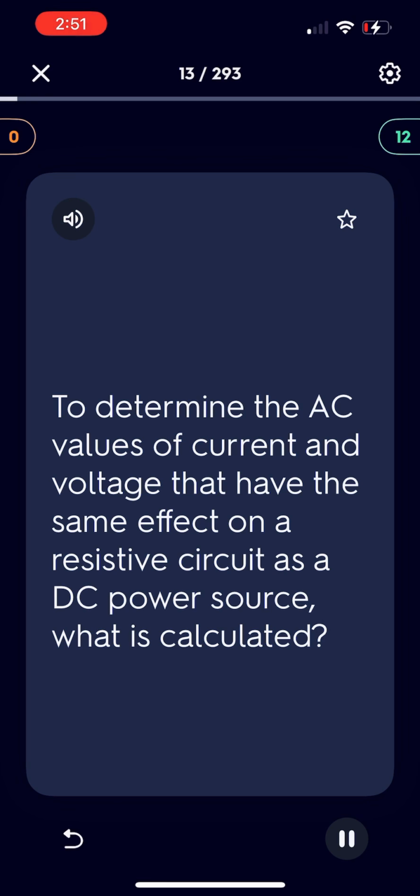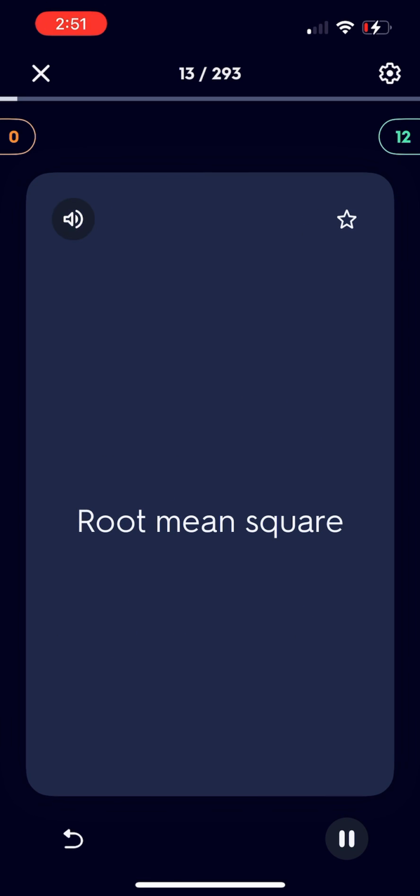To determine the AC values of current and voltage that have the same effect on a resistive circuit as a DC power source, what is calculated? Root mean square.